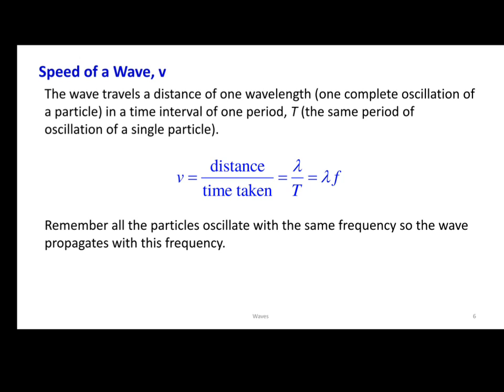In fact, your particle itself has a period T, in the sense that it goes all the way to the bottom, all the way to the top, and then comes back to the zero position. So the frequency and period for your wave is the same as the frequency and period of oscillation for the particles that make up your wave.